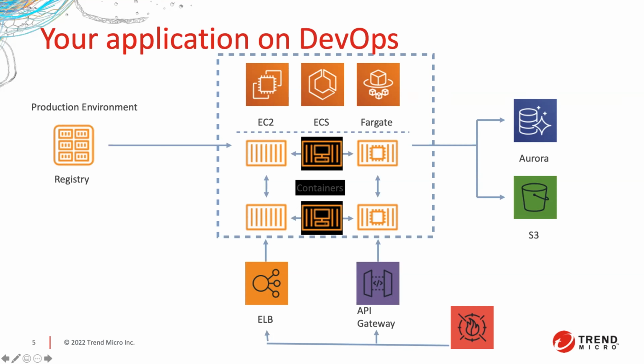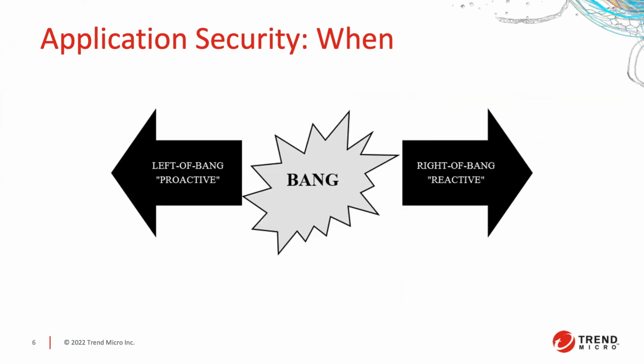And to that, one of the things that you want to think about is, we can divide this up into a when, a where, and a how. And the when is something that is fairly new. It used to be that everything was done at runtime, and that has changed.